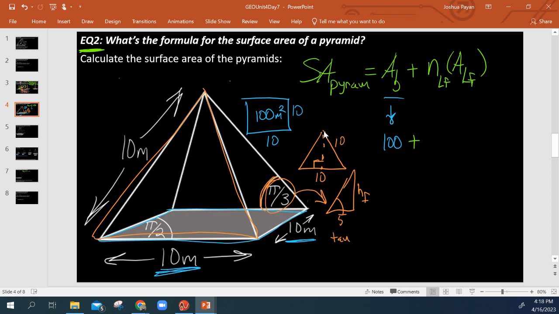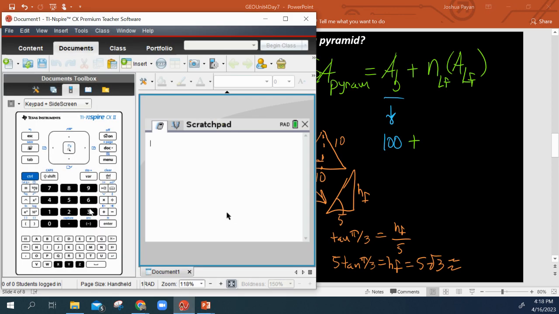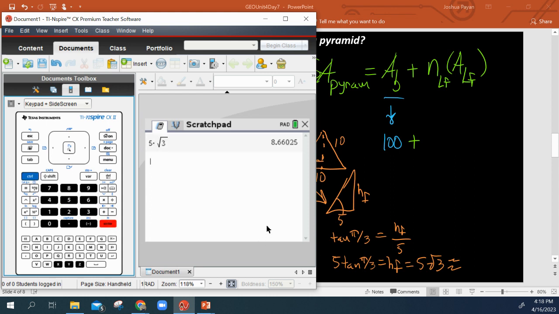So tangent of pi over 3 is equal to opposite over adjacent, cross multiply, and we get that 5 times the tangent of pi over 3 is going to be equal to the height of our face. And we know that that's going to be 5 square root of 3, which is approximately, handy dandy calculator, 8.66.